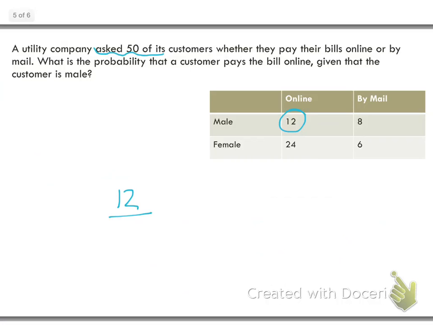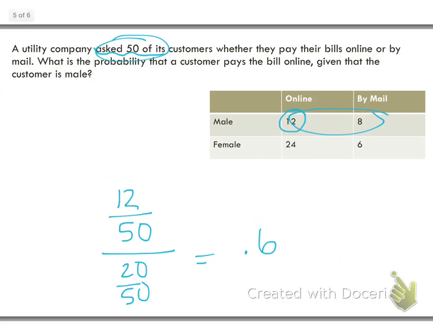So it's 12 of the 50, and then it's going to be over the probability of the total males on the bottom. So my total males is going to be 20 over 50. So this one's a little weird because I'm giving you this weird total in here. We won't have a whole lot of questions like this, just to be wary of it. Okay, so my total amount is going to be 0.6 or 60%.